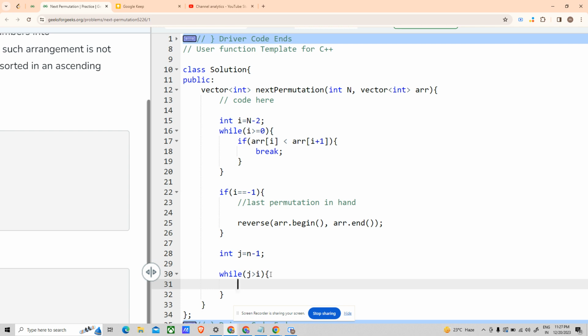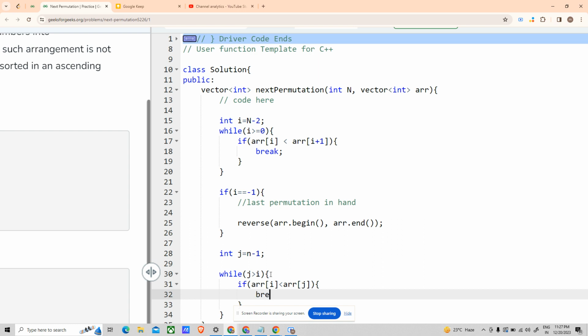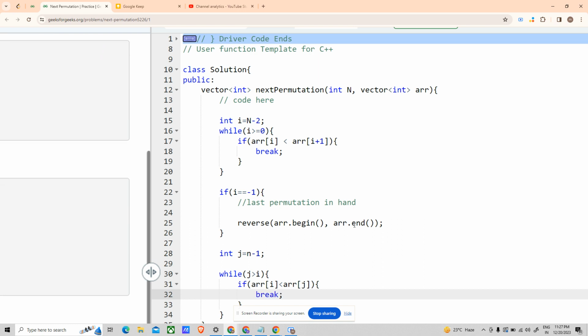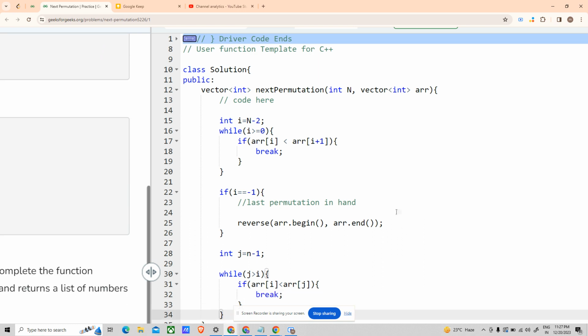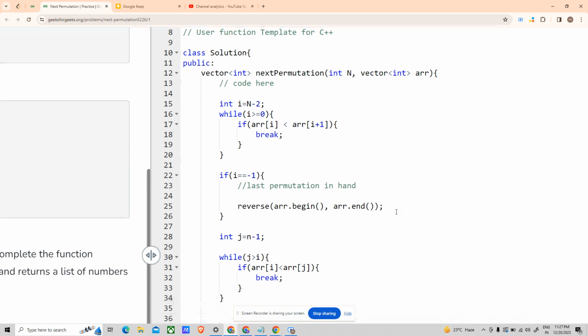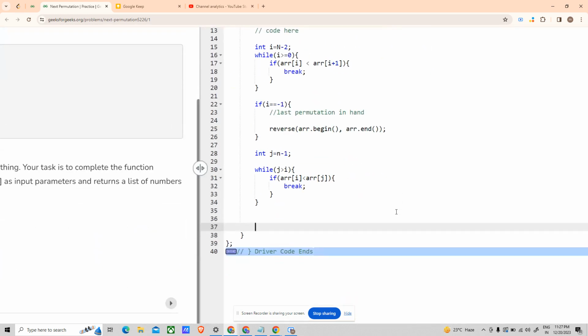Okay, what we have to find? If arr[i] is less than arr[j], then break. Okay, done.